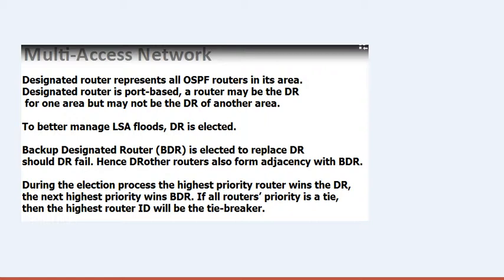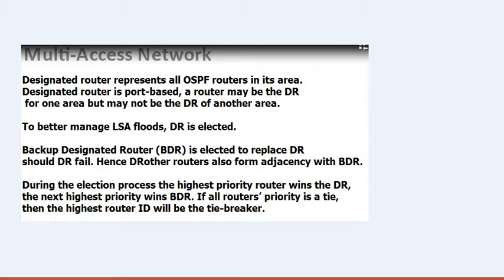During the election process, the router with the highest priority will be the DR. By default, from the company, the DR BDR priority is the same, priority 1, so it's a tie. After priority, we look at the highest router ID. The next highest priority will be the BDR.